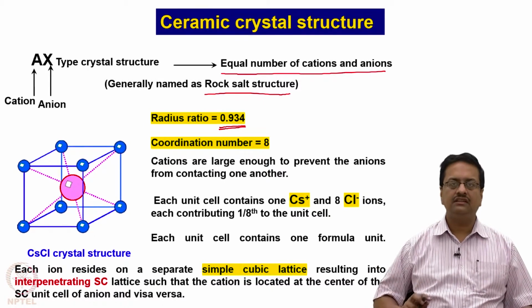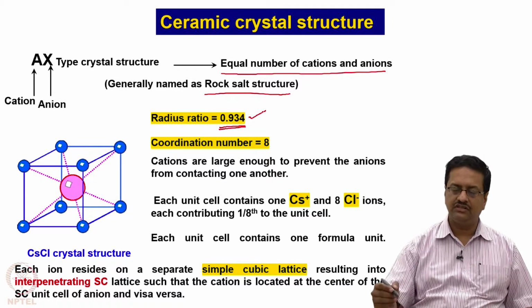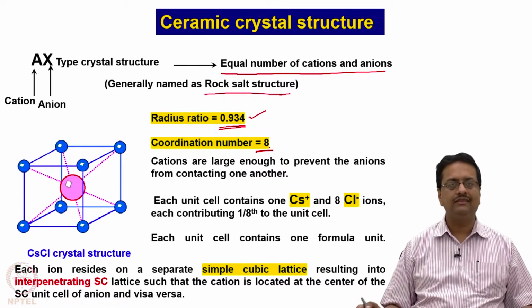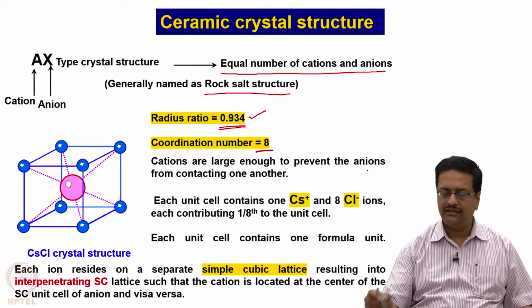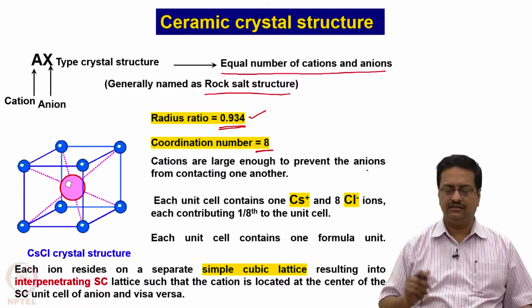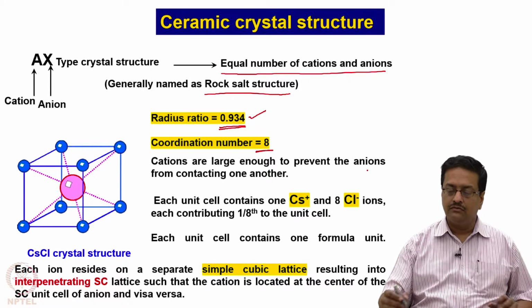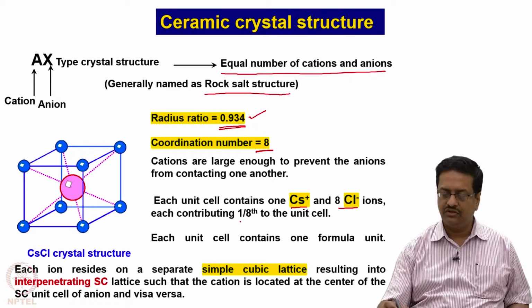As we have seen in the previous lecture, when the radius ratio approaches 1, we get coordination number 8. That means cations are large enough to prevent the anions from contacting each other, or they are not in touch.